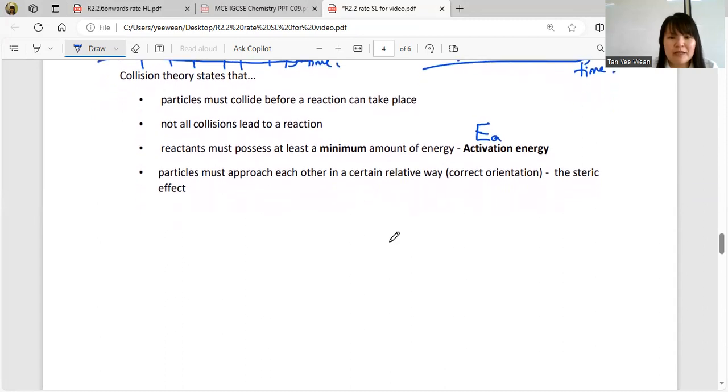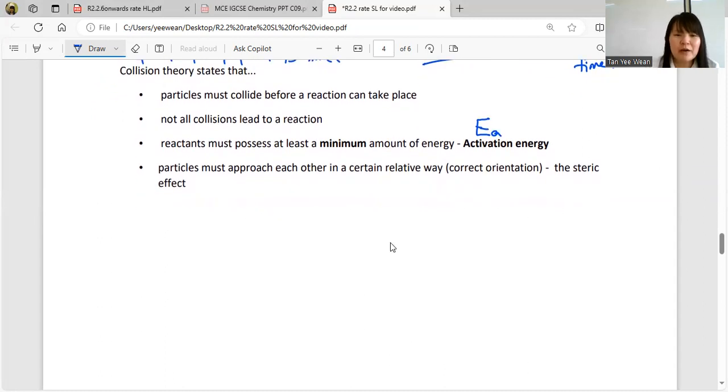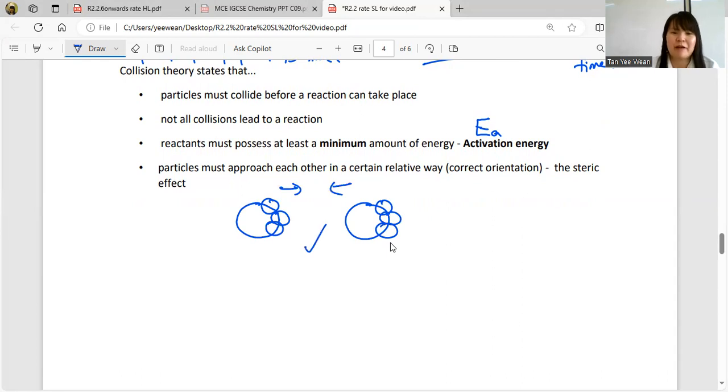What does that mean? That means the positioning. If you have a particle, say something like this, maybe it's a molecule, perhaps if they meet this way, then a reaction happens. This is the preferred orientation for the particles to react.